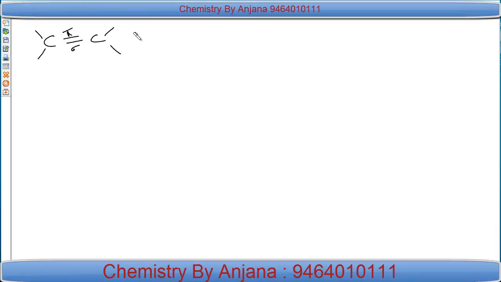ये pi bond is highly labile, highly reactive, prone to attack by any reagent. So, making use of that, now we'll see what happens if to this simplest alkene which I have drawn over here, suppose these 4 substituents are nothing but hydrogens.